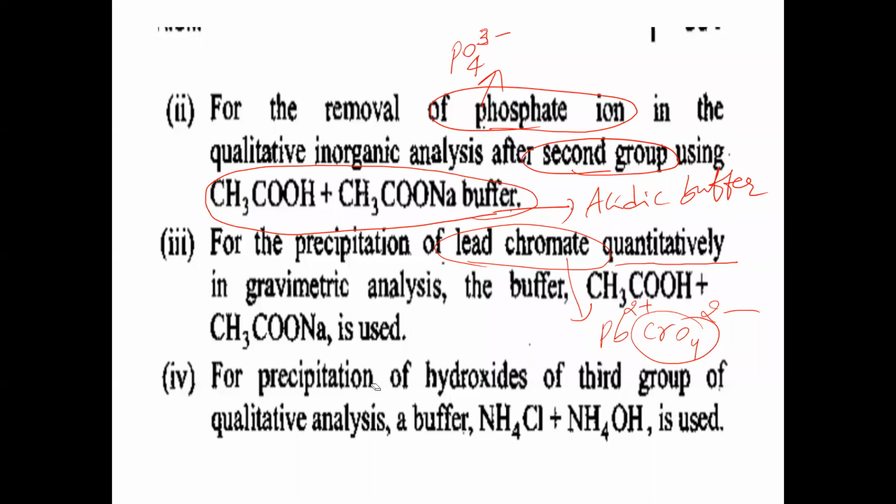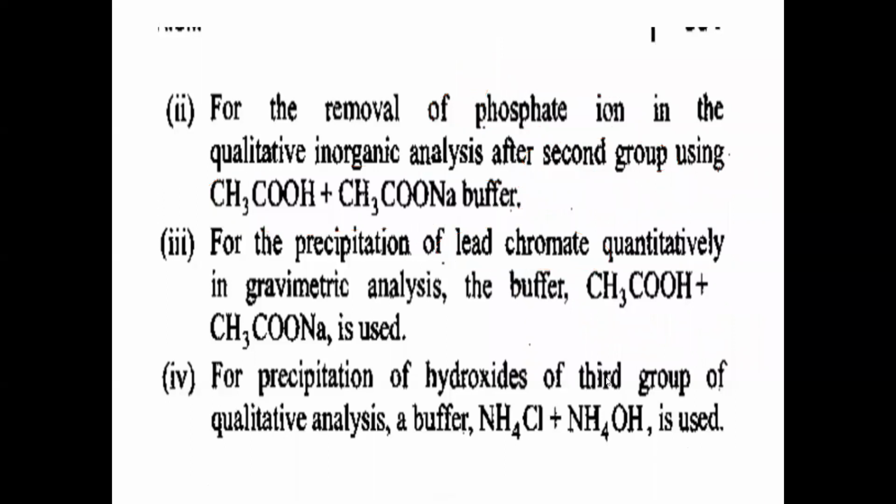For the precipitation of hydroxides of third group, a buffer of NH4OH and NH4Cl is used. Which buffer is it? Basic buffer. Basic buffer means what? Weak base NH4OH and its salt with strong acid NH4Cl. So this basic buffer is used in the qualitative analysis for precipitation of hydroxides of third group cations. So you have to remember these points.